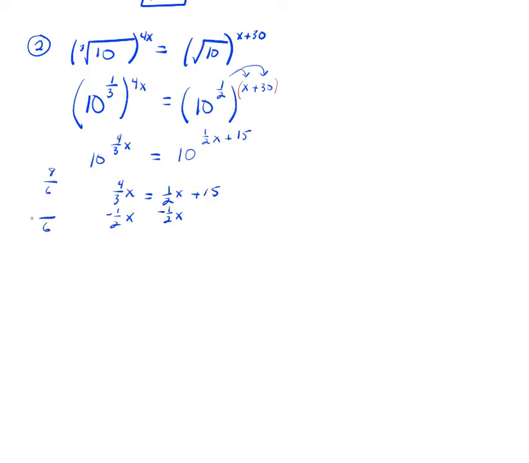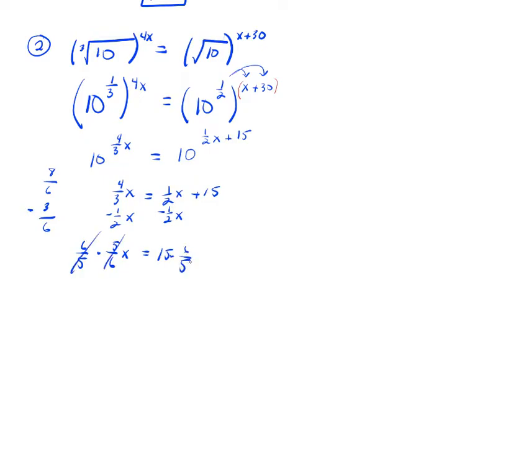So that would be 8/6 minus 3/6, because 3 times 3, yeah, 3 over 3. So 8 minus 3 is 5/6 x equals 15. So now I'll multiply by the reciprocal to cancel them out.